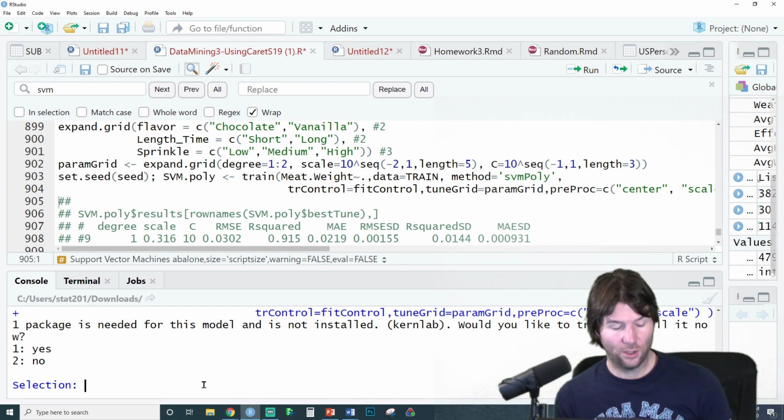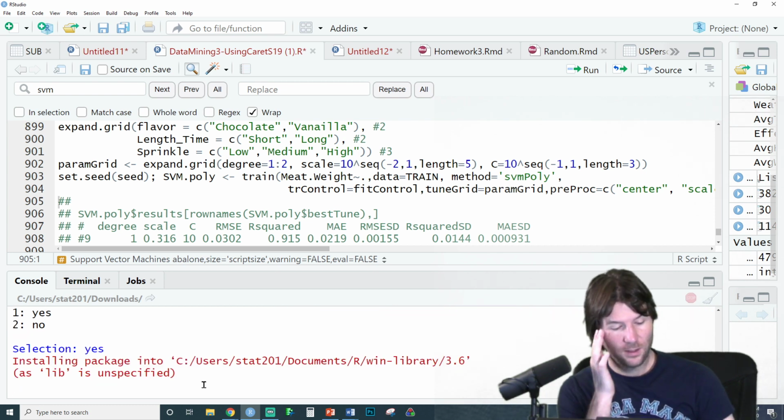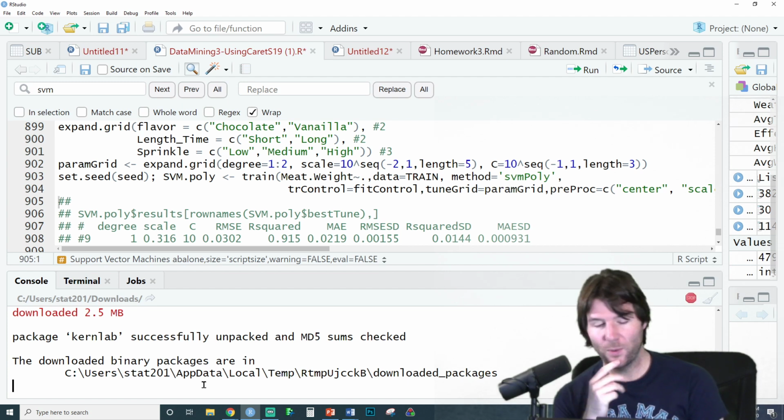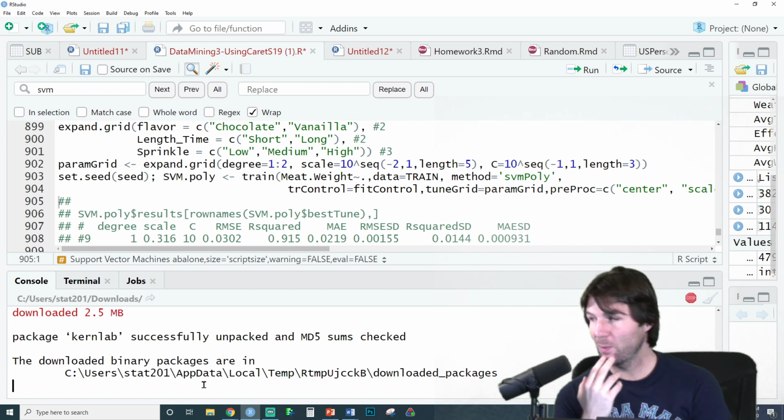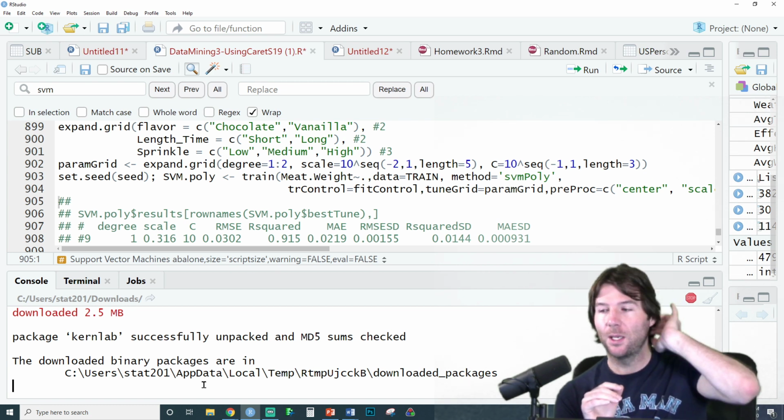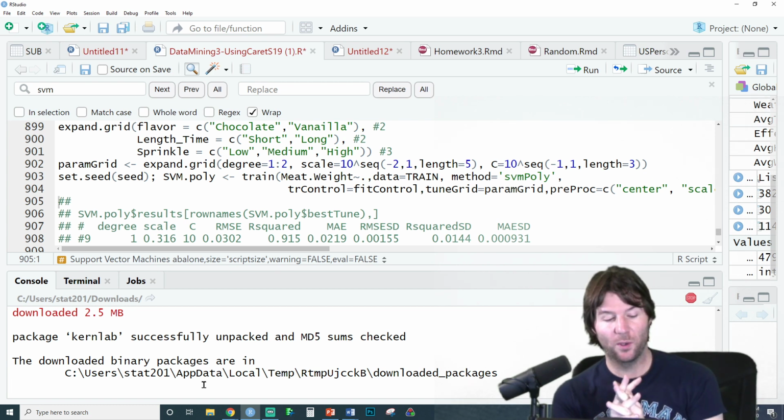Packages needed, sure. New R just helps you out. And so it looks like it's running the model now in the background. Some of these can take quite a while. The amount of algorithms we can do now, the intensity of the mathematics to solve problems just blows my mind. That's why, if you go back 20 years, we really couldn't do the super advanced partition models like extreme gradient boosting or these really cool support vector machines.